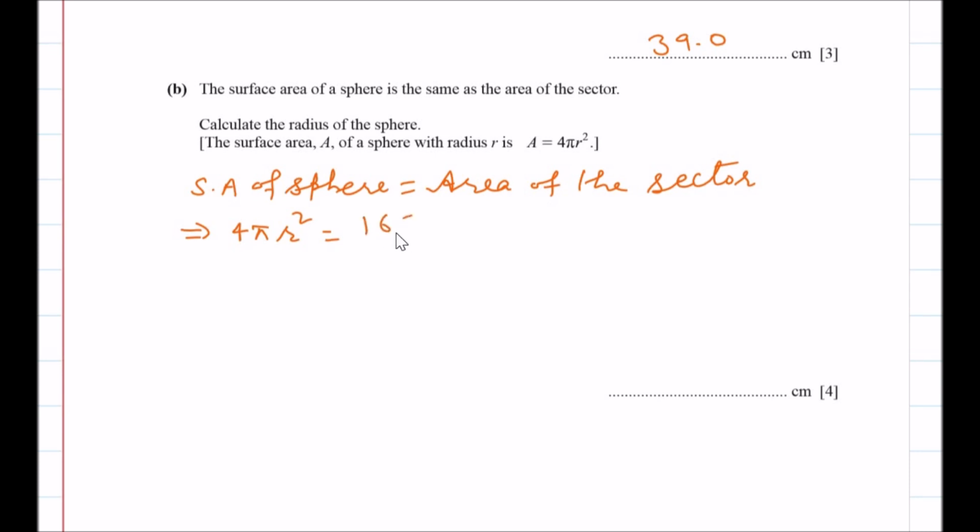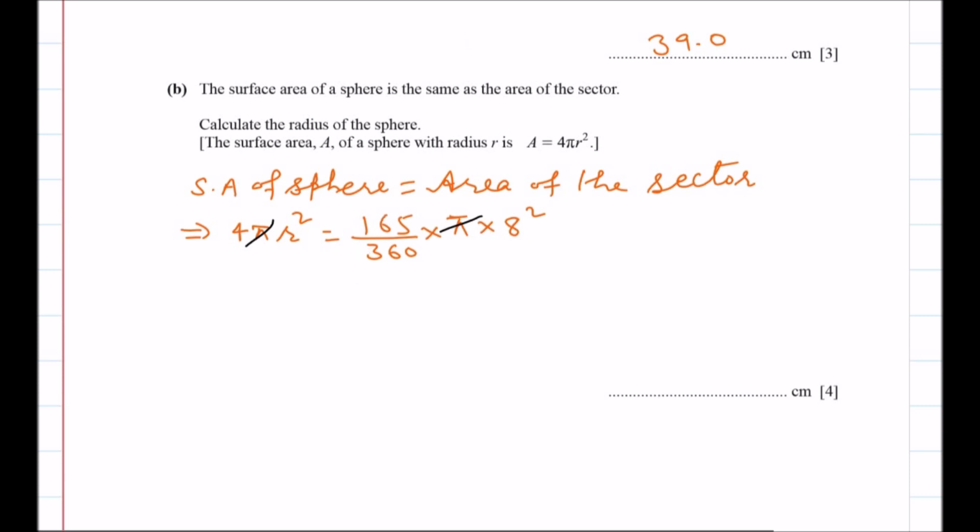Area of the sector means angle divided by 360 into pi r square. Pi r square, r is 8, so 8 square, right? Now, pi and pi cancelled out.